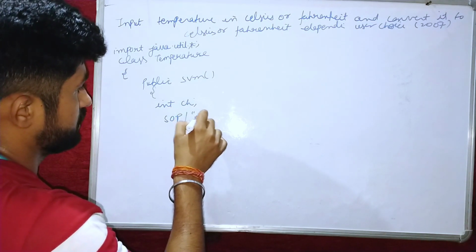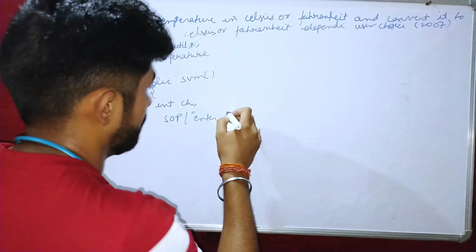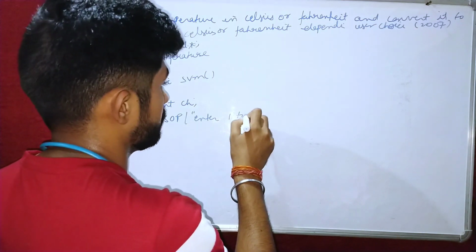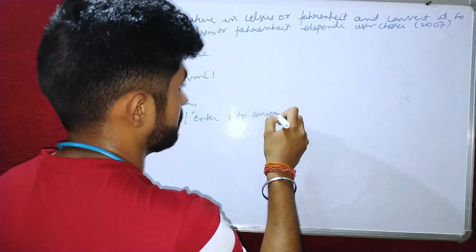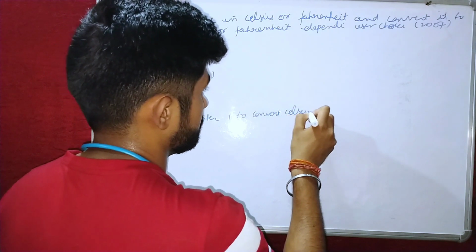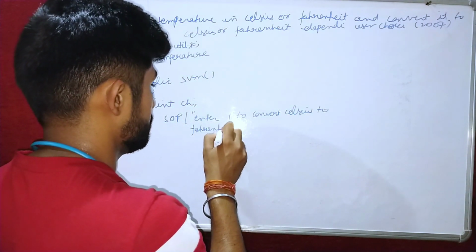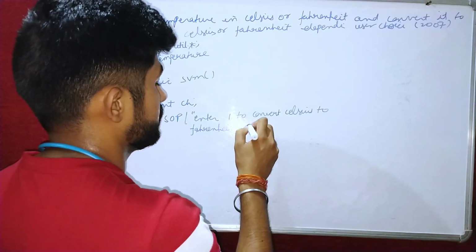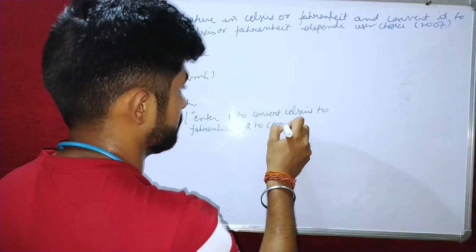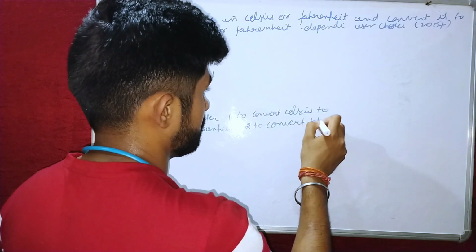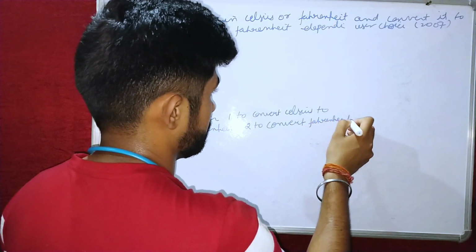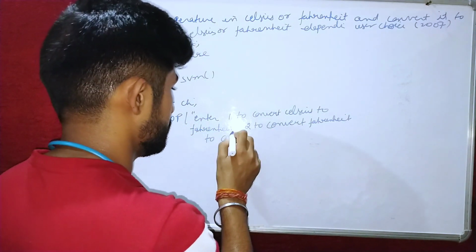SOP: Enter 1 to convert Celsius to Fahrenheit, comma, 2 to convert Fahrenheit to Celsius.